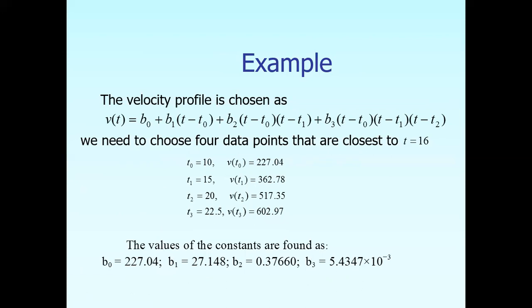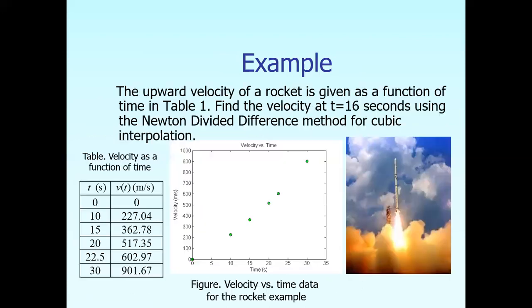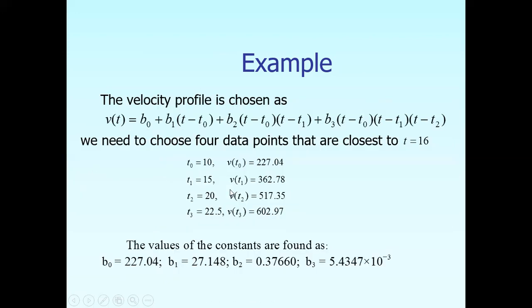Then we can find out the value of velocity at t is equal to 16 by using the general formula. This is b0 plus b1 into t minus t0 plus b2 into t minus t0 into t minus t1 plus b3 into t minus t0 into t minus t1 into t minus t2.